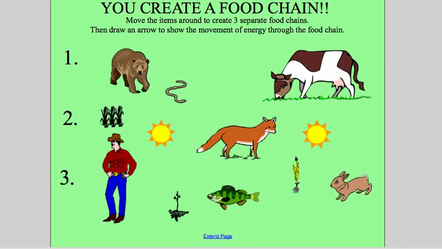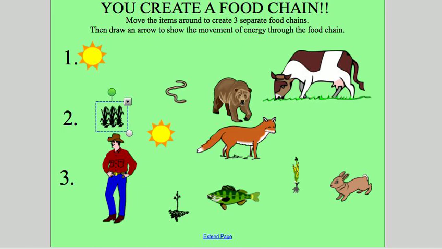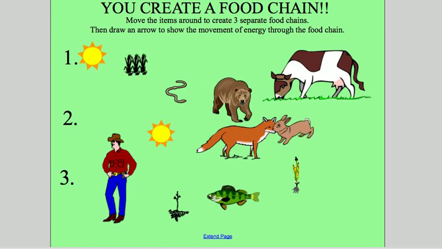Create a food chain. Move the items around to create 3 separate food chains, then draw an arrow to show the movement of the energy through the food chain. Okay, we'll start with the sun. Grass. The rabbit. The snake.